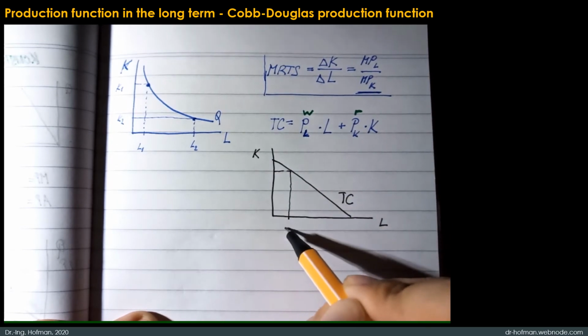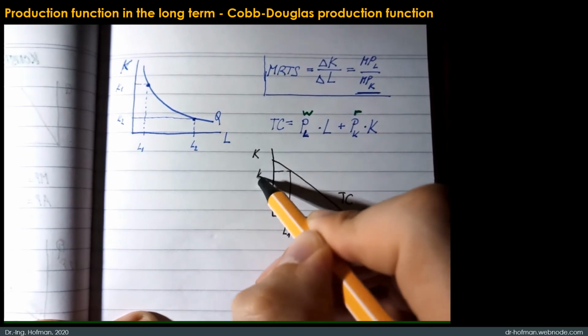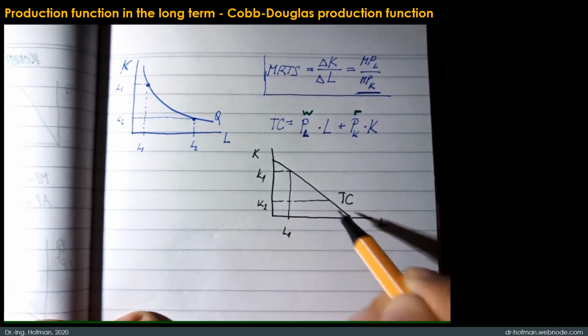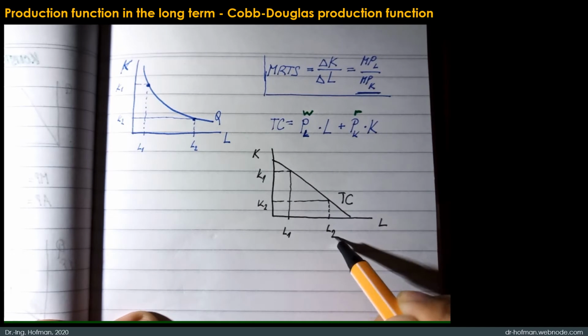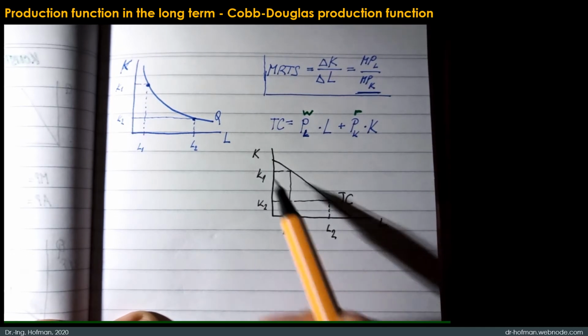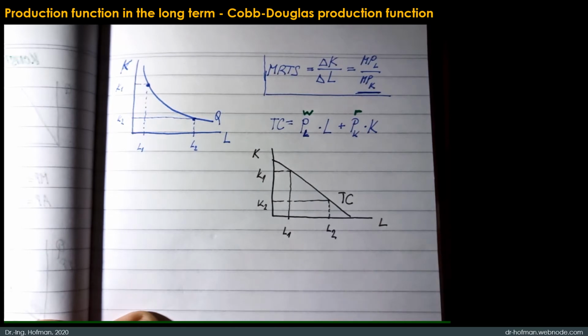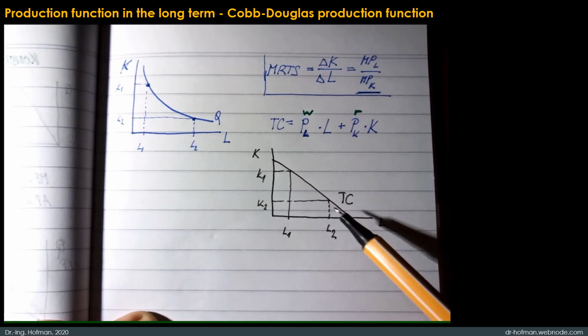On the y-axis is capital, on the x-axis is labor, and the point has coordinates L1, K1, and the other point coordinates L2, K2. On the isocost, there is the same cost in each point of this line.